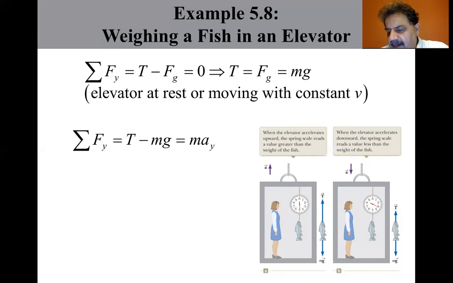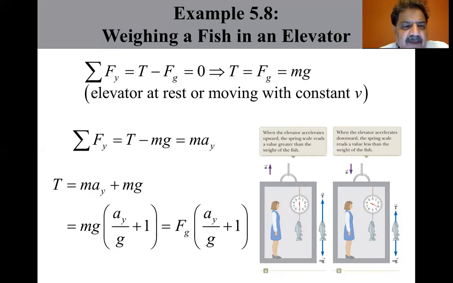You solve for T, and T equals m times a_y plus mg, which is mg times (a_y divided by g plus 1). Equals F_g times (a_y divided by g plus 1).